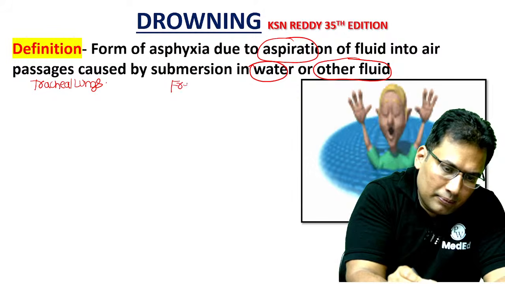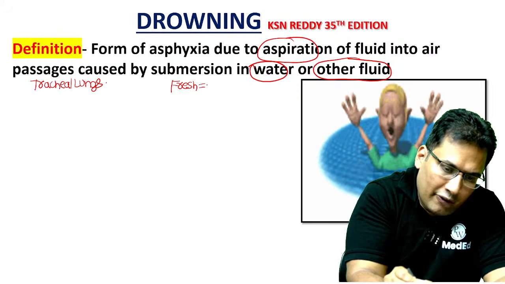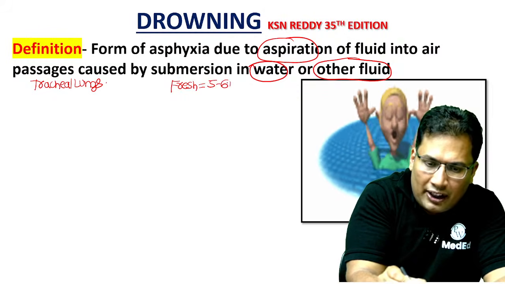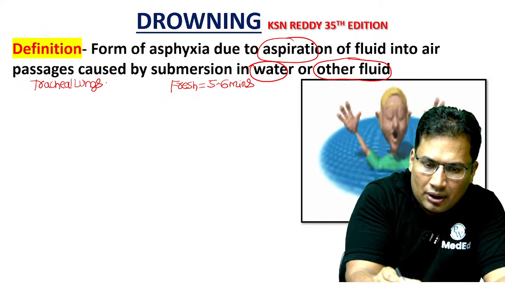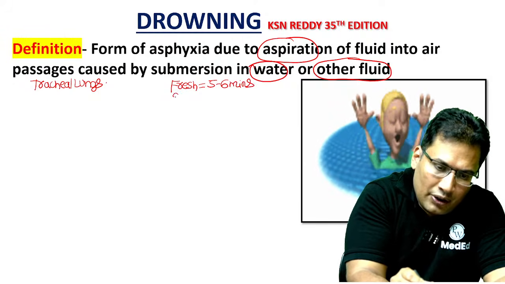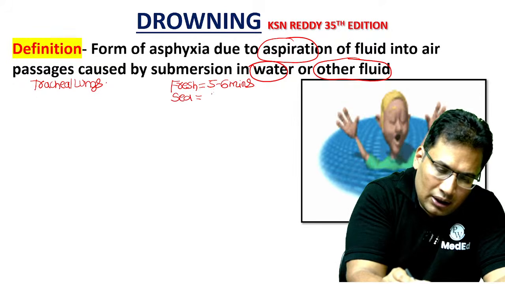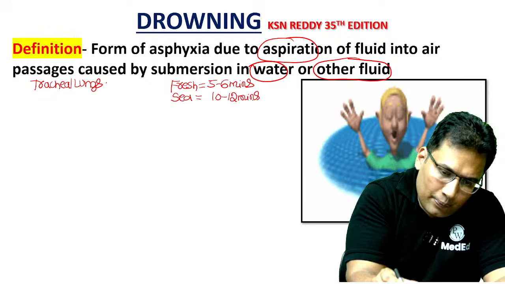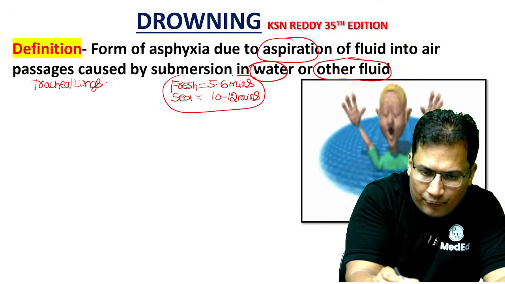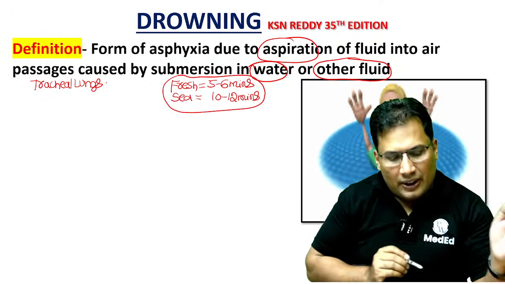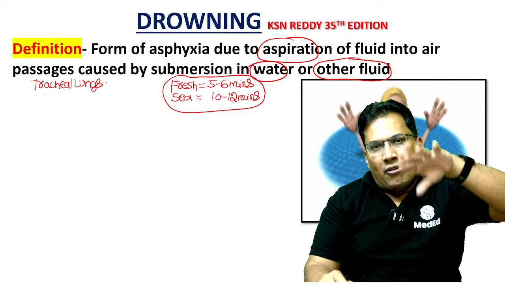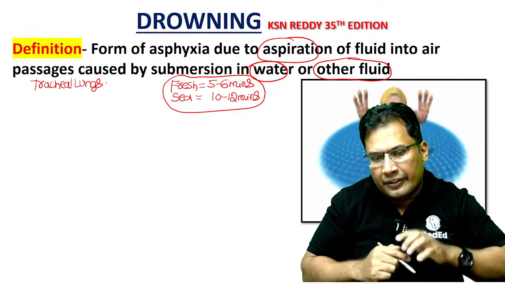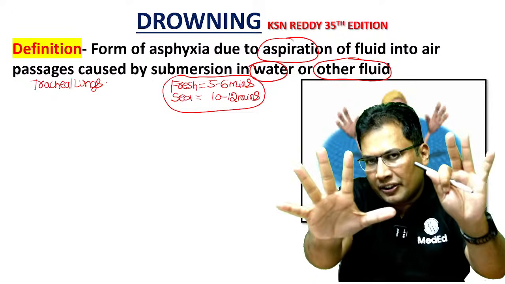You have to write 5 to 6 minutes in freshwater, and in seawater death occurs in 10 to 12 minutes. Write this in the chat box. Fresh, 5 minutes. Seawater, 10 minutes.